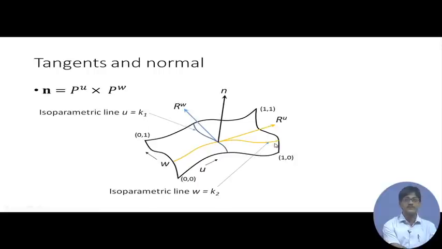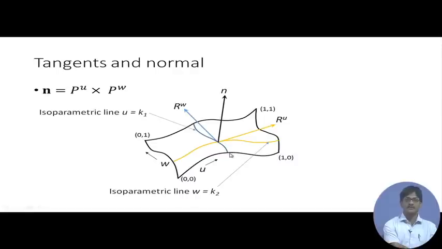Now, coming to the inside of the surface, what does this orange curve represent? The orange curve represents a line along which the parameter w is a constant. So, we call it the isoparametric curve. Along this, w is going to remain constant and u is going to constantly increase from 0 up to 1. It is easy to find out the points on an isoparametric line, because we can simply, in a do loop or a repeat loop inside a program, go on incrementing the value of u and go on finding out the x, y, z points on the surface, and that will give us the isoparametric line.